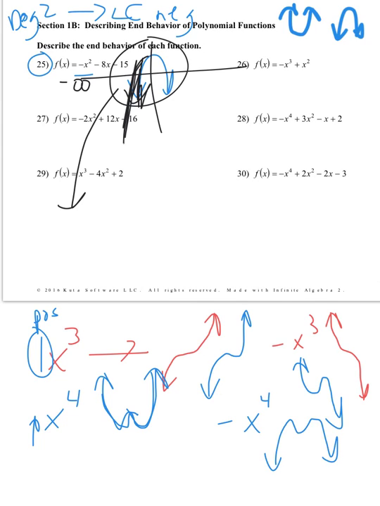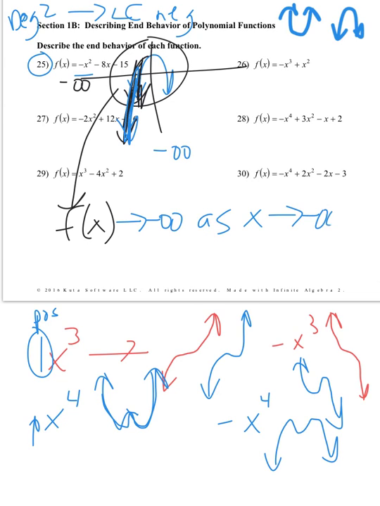Well, it's going down. So f of x, the function, goes to negative infinity, because this would be negative infinity in the y direction, as x goes to negative infinity.